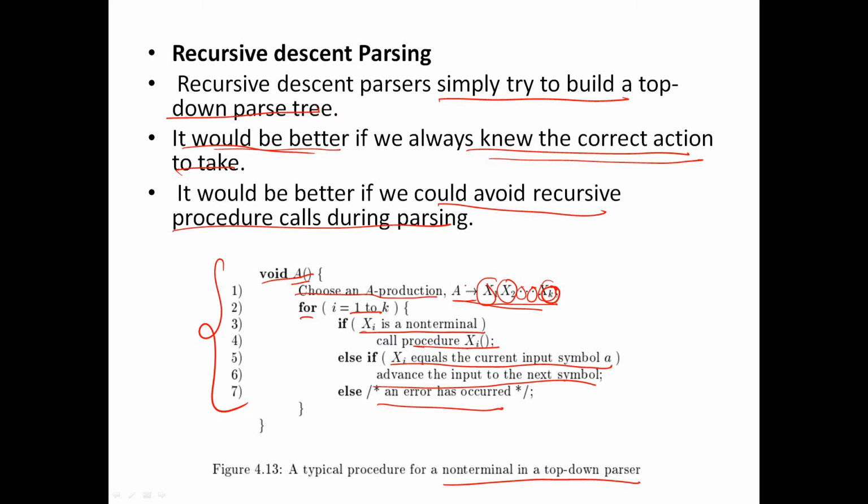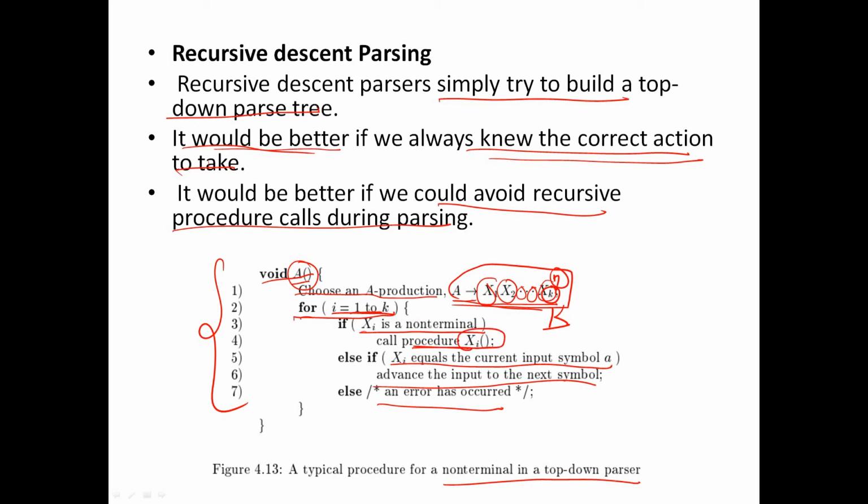So I am going to take one procedure and choose one production, and by taking all the input symbols, I keep one loop up to the number of symbols I have. Here I have k symbols, that's why for i equal to 1 to k. And I am checking whether it is a non-terminal. If it is a non-terminal, then I call the xi procedure.